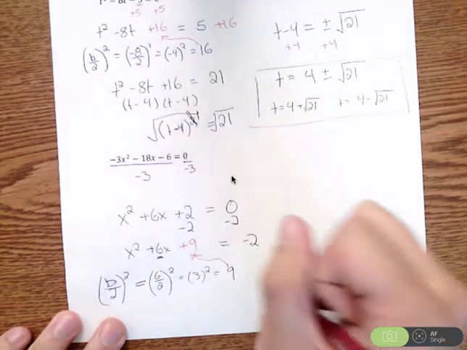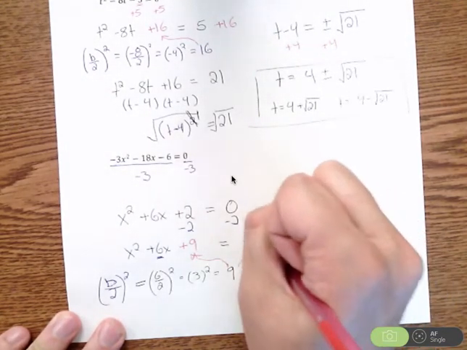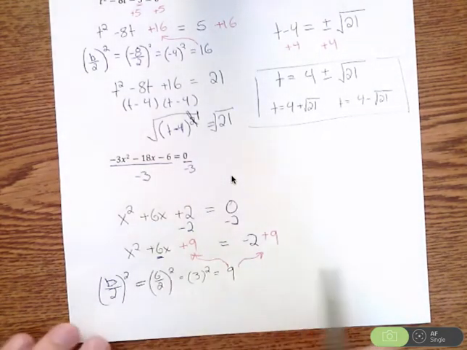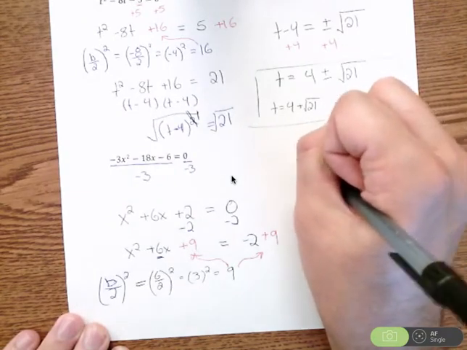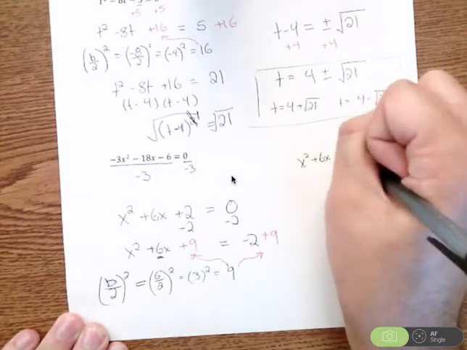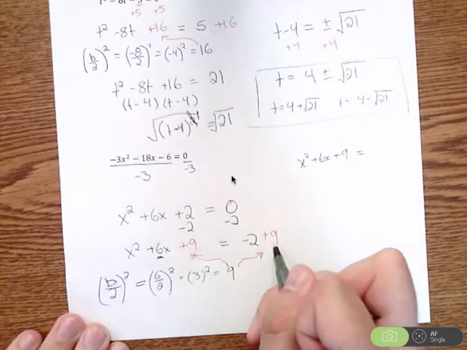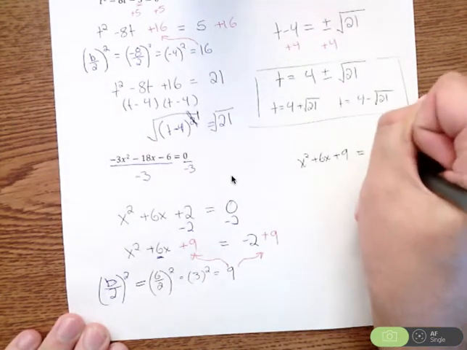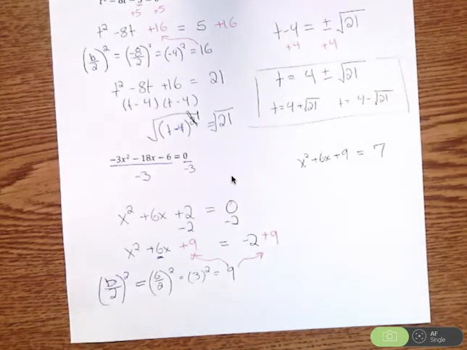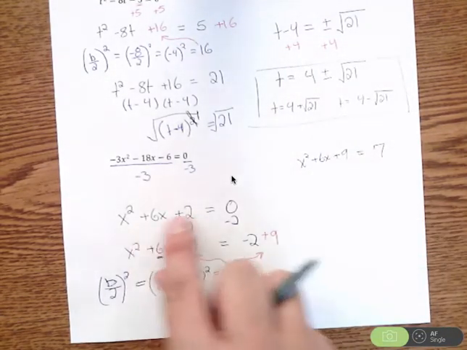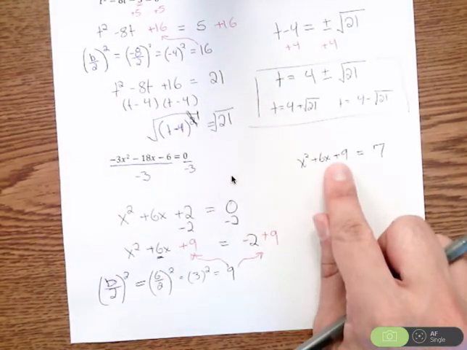If I add it to one side, I have to add it to the other side. So I have to add 9 over here as well. So looking at what I have, on the left side I have x squared plus 6x plus 9. On the right side I have negative 2 plus 9, which gives positive 7. So from here, I now just rewrote this so that I can actually factor it.